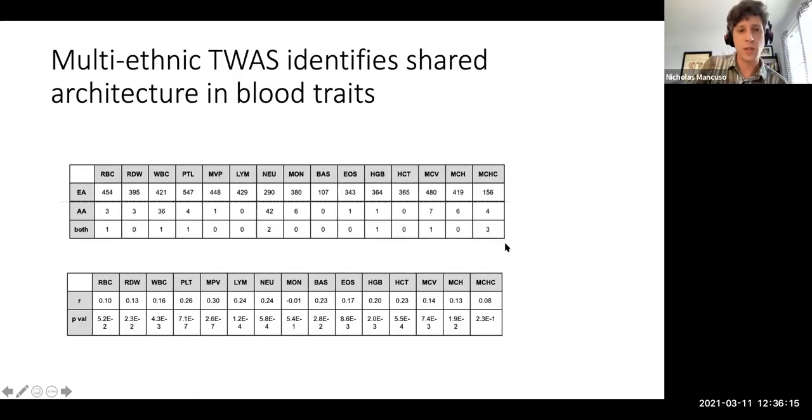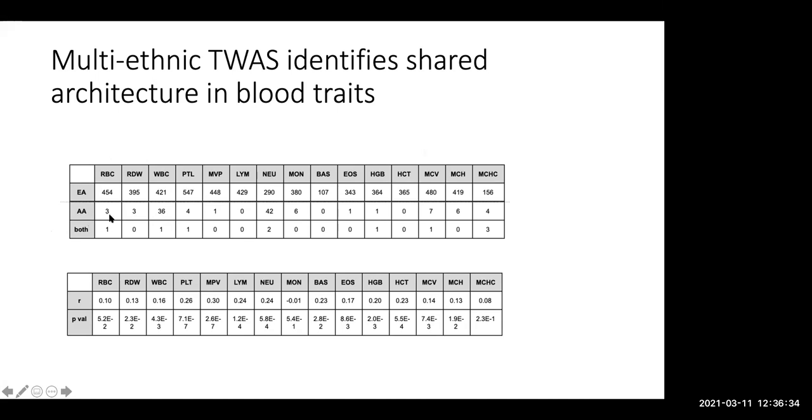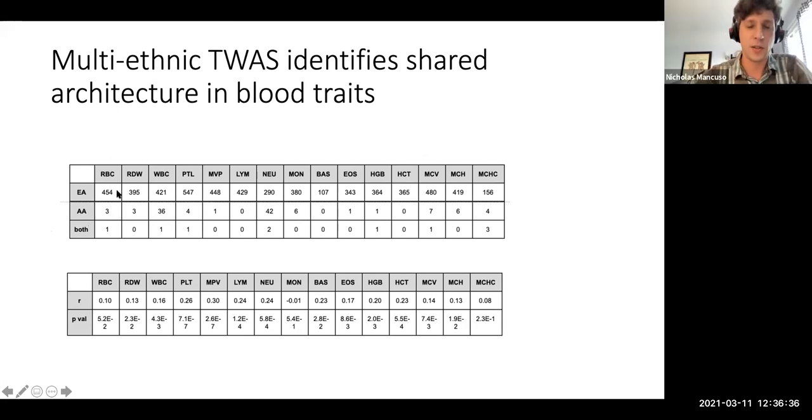All right. Using those weights, we went and performed a population-specific TWAS. What I'm showing here are all the various blood phenotypes. Here are the results for the European ancestry individuals, African ancestry individuals, and then genes that were found in both. One thing to note here is that there's a massive discrepancy between the numbers.